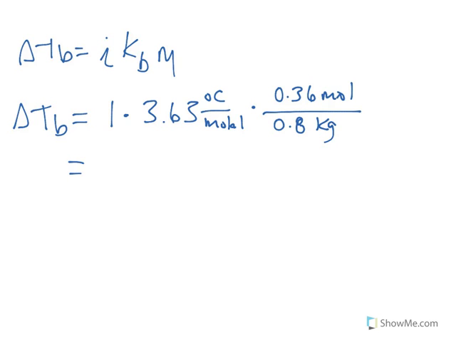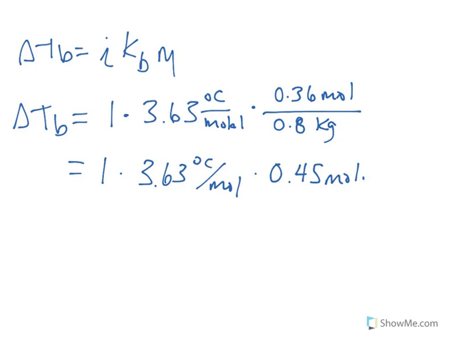I will simplify that by dividing 0.36 by 0.8, and I get 0.45 molal. So my molals cancel, and now it's just straight multiplication: 1 times 3.63 times 0.45, and I get 1.63 degrees C.